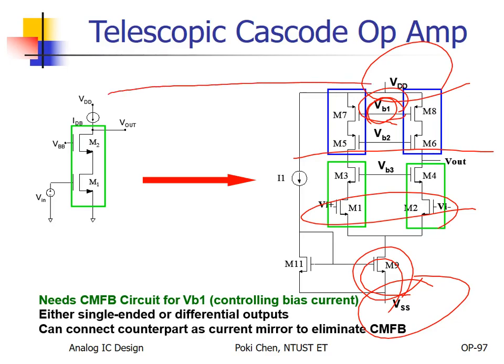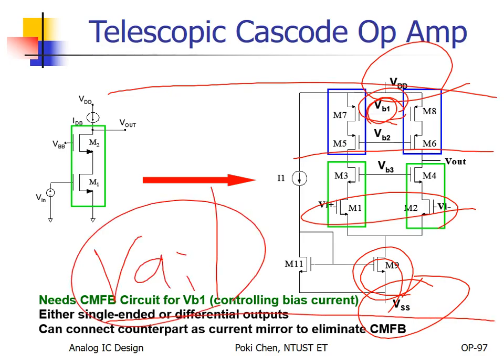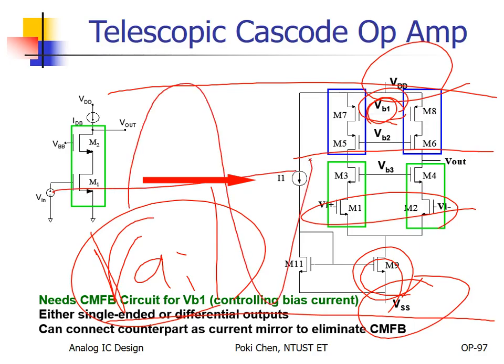Sorry, 像铁轨一样. We call it power rail. That's it. In the middle, you can hopefully get the maximum output swing.